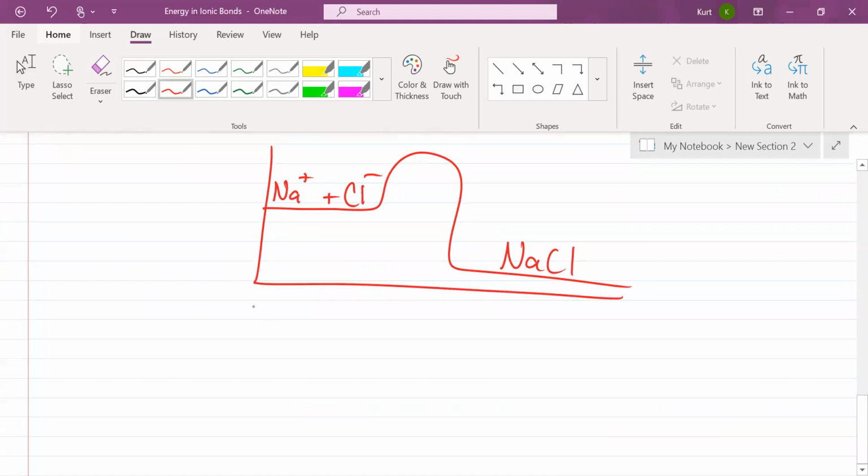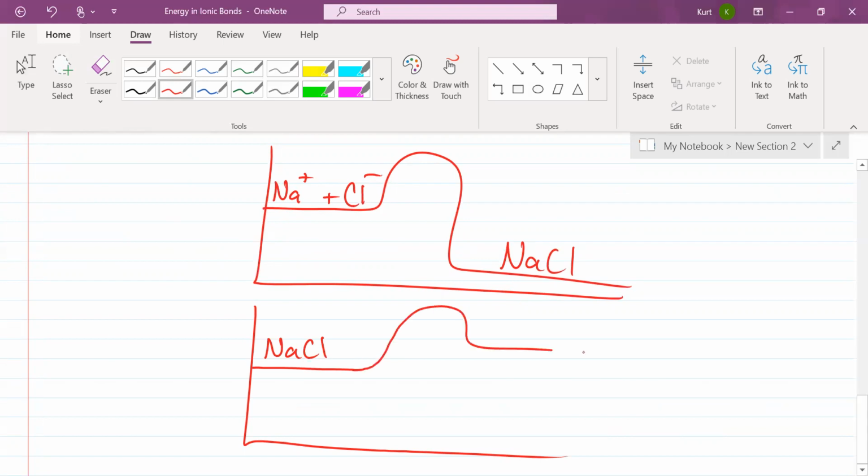What if I start with sodium chloride and it is going to break down into its ions? Would that be an energy loss or an energy gain? That'd be a gain. It'd look like this. So when you have a compound and you break it down, like if you put salt into water and it dissolved, it would actually cool down the water because energy is being absorbed.